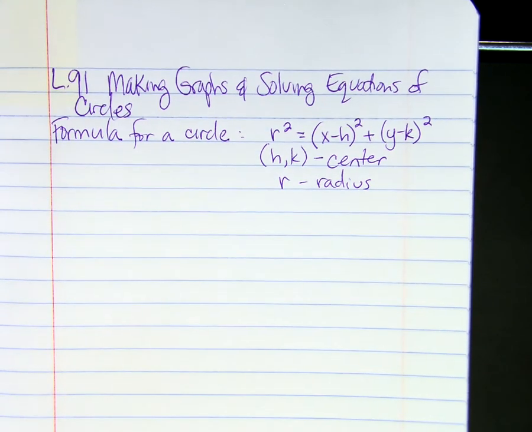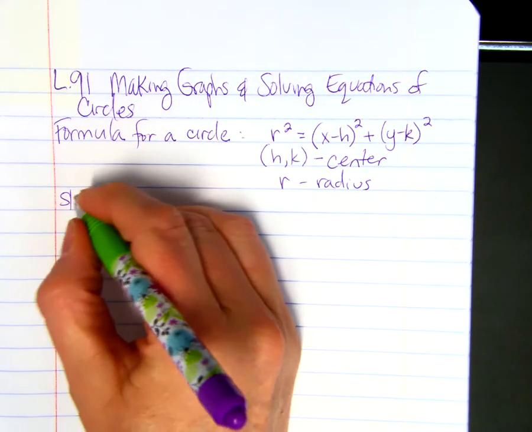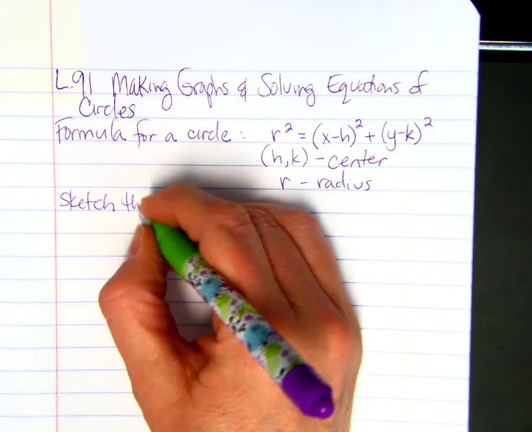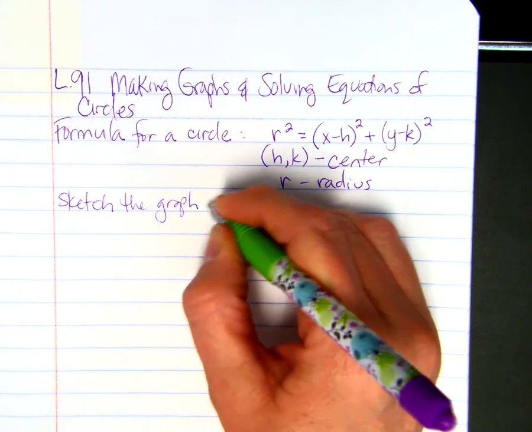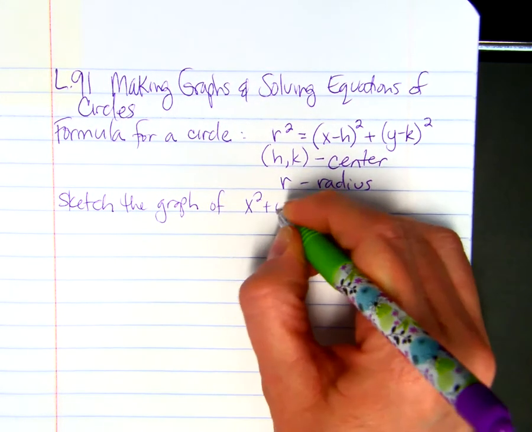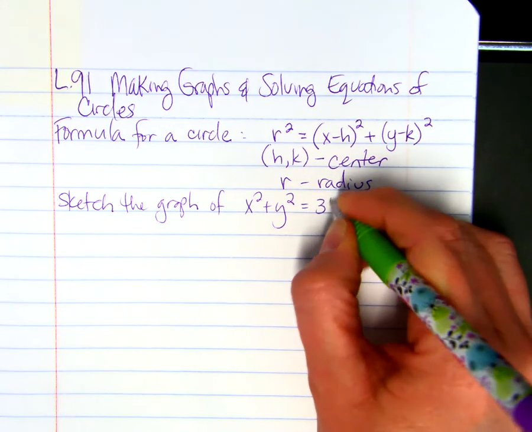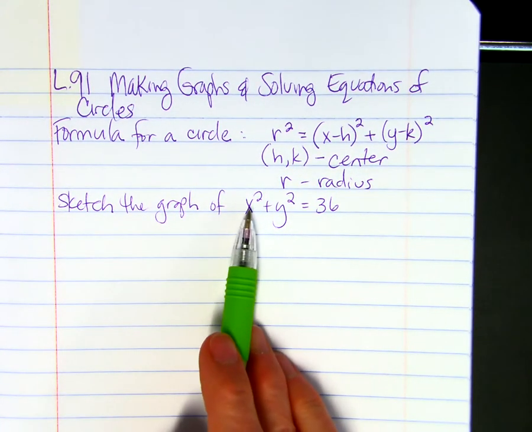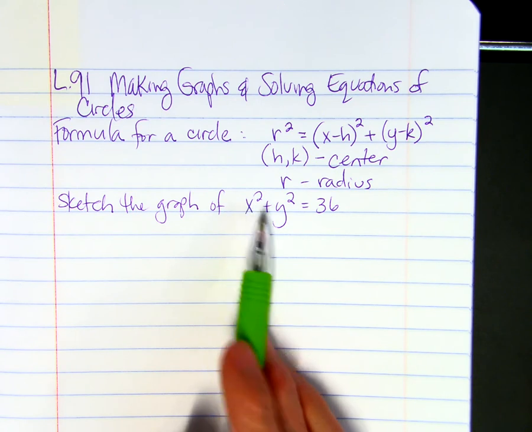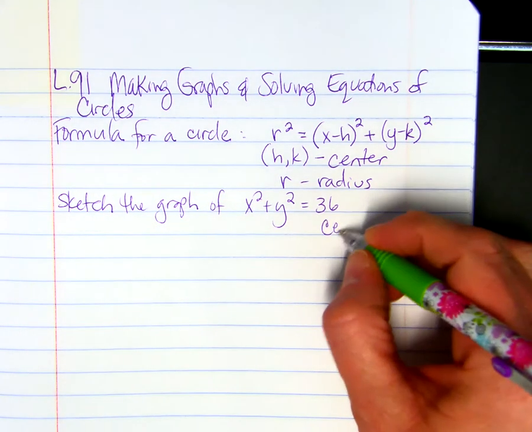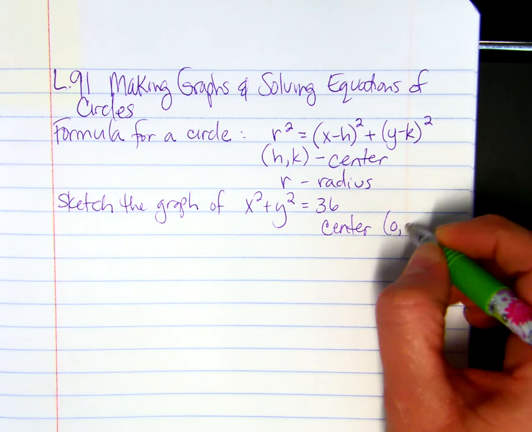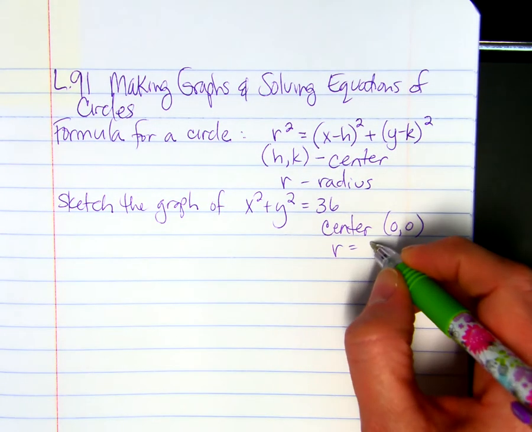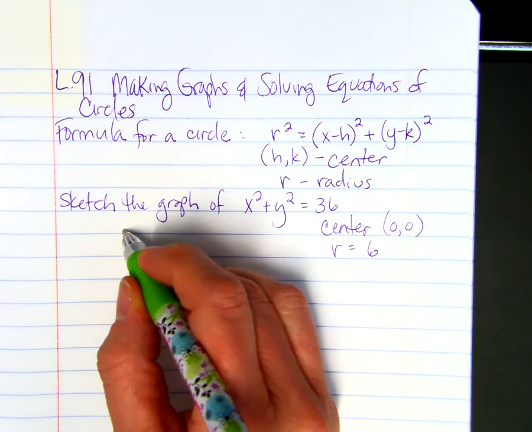So if I was asked to sketch the graph of this circle, x squared plus y squared equals 36. Since there is nothing added or subtracted from the x and y, my center is 0, 0. And the radius would be 6.